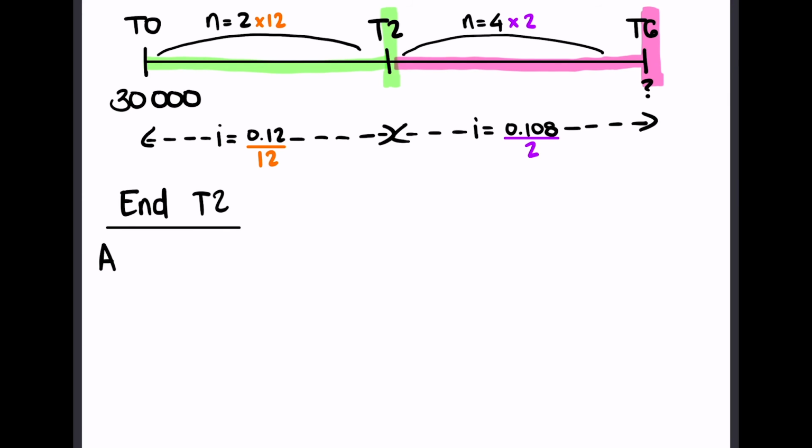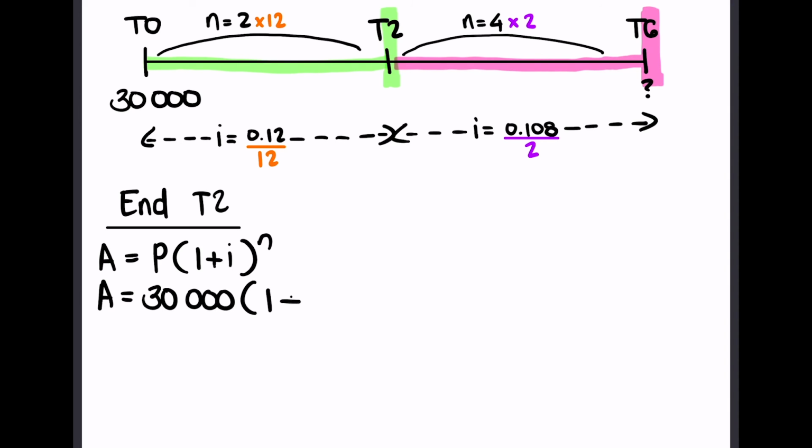So A is equal to P, open brackets, 1 plus I raised to the power of N. So A is equal to, what is being deposited? 30,000 Rand is being deposited into 1 plus, the interest is 12%, but it's compounded monthly. So 0.12 divided by 12, raised to the power of N, which would be 2 because it's 2 years, but it's compounded monthly, so I'm going to times it by 12.